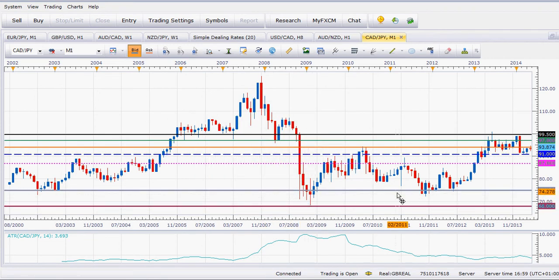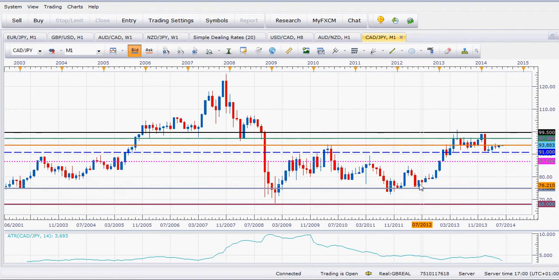Why not 75? Let's make it 75. Now, a lot of support here for 75, and certainly here as well. So this gives us ideas about this level being significant, and I'm going to make it quite thick.